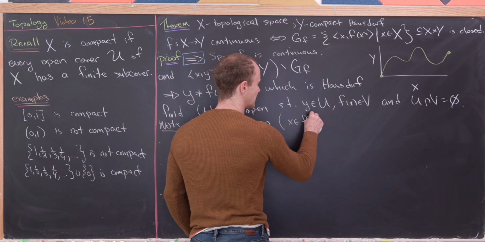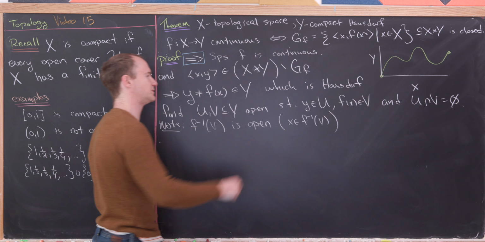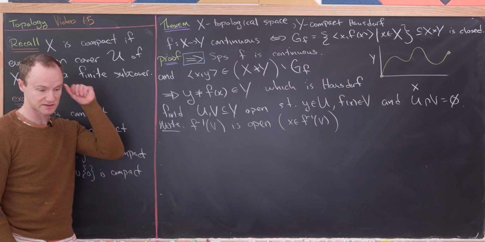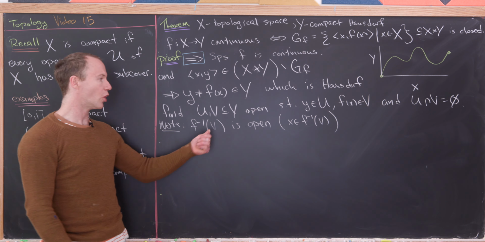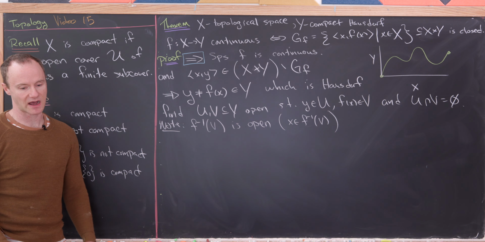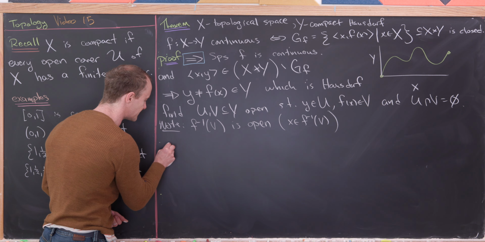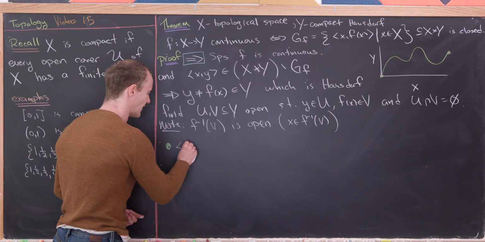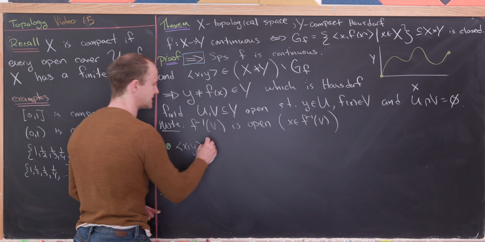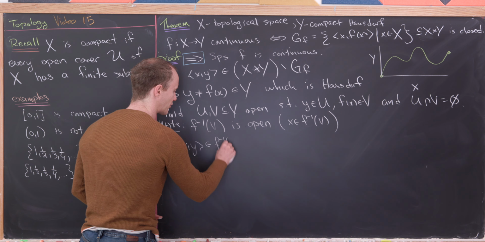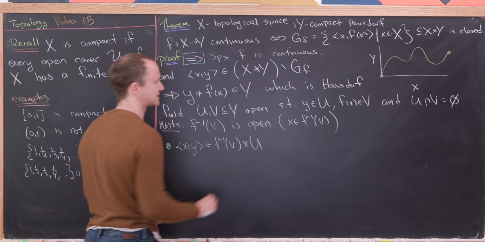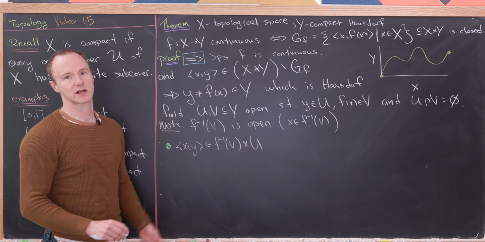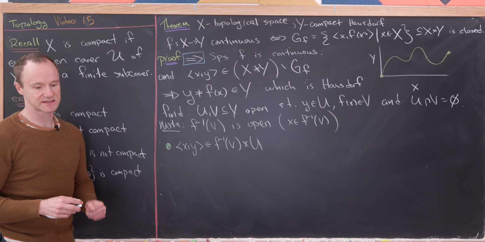So x is going to be in the pre-image of V just because f of x is in V. I think that's pretty clear. So we've got an open set containing x now. But now putting some of this stuff together, what do we have? Well, we're going to have (x, y) is inside of the pre-image of V cross U, like by our construction of all of these sets.